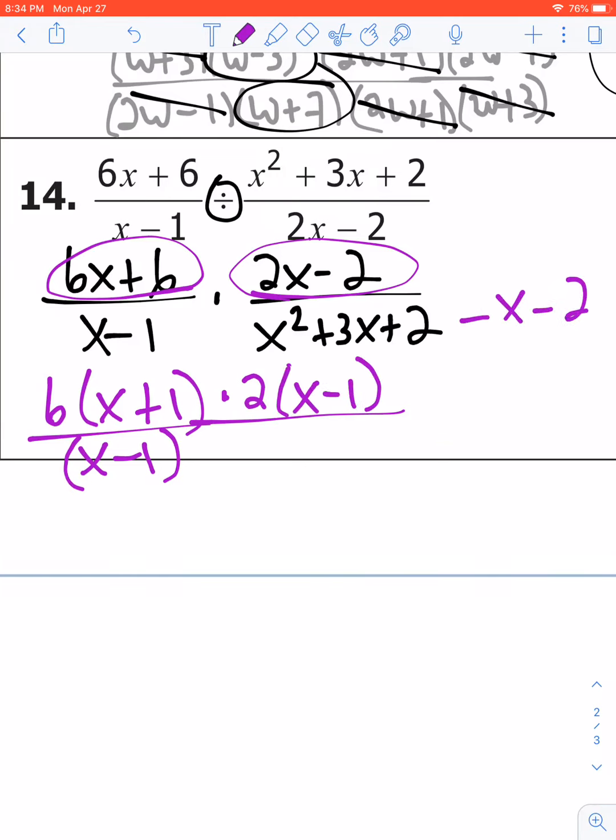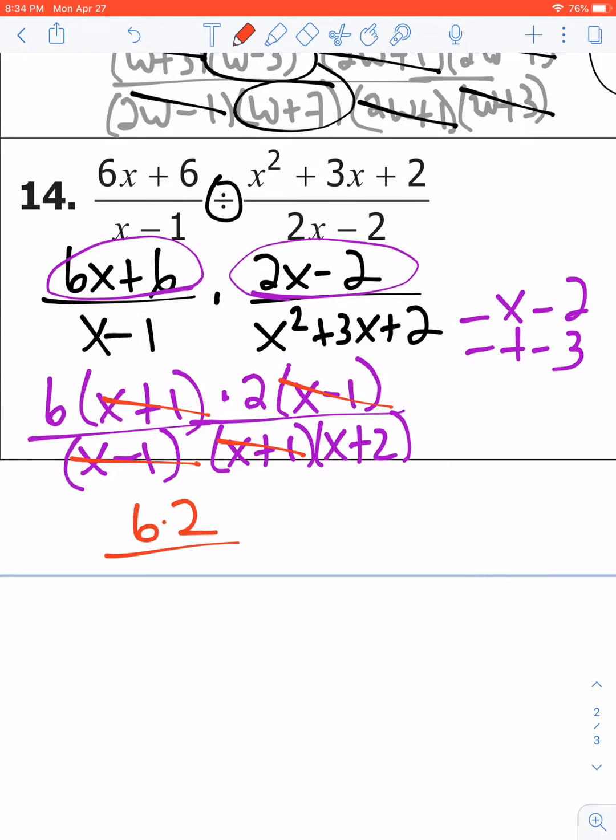Two numbers that multiply to 2 but then add to give me 3 are 1 and 2. The x plus 1's cancel. The x minus 1's cancel. I'm left with 6 times 2 up top. So I have a final answer of 12 over x plus 2.